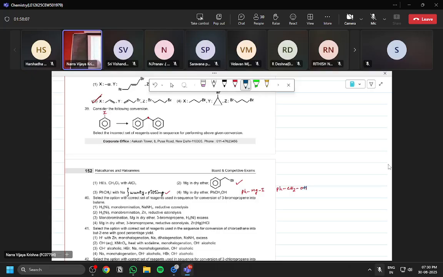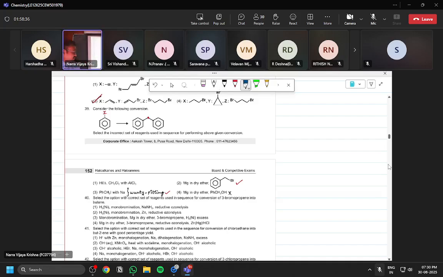So this phenyl will go and take this H plus. If phenyl takes that H plus, you will get benzene, plus the remaining PhCH2OMgI. So you got benzene as a product. Means this is not at all suitable.